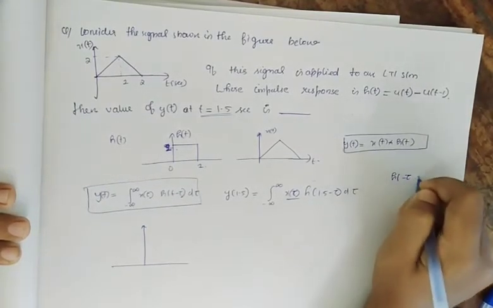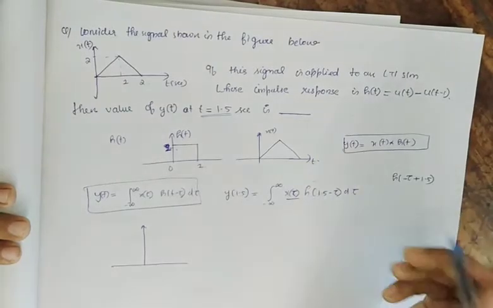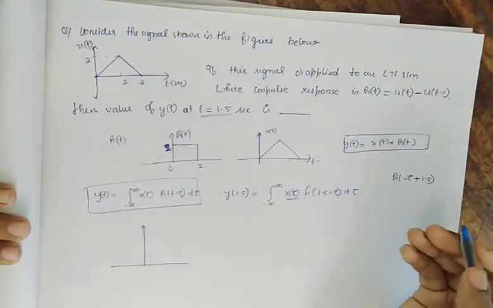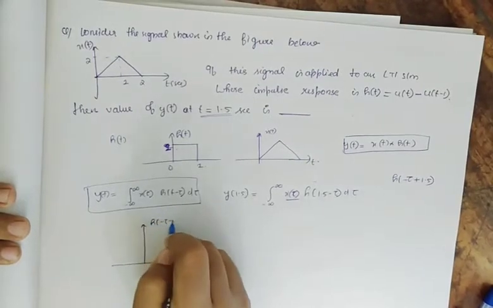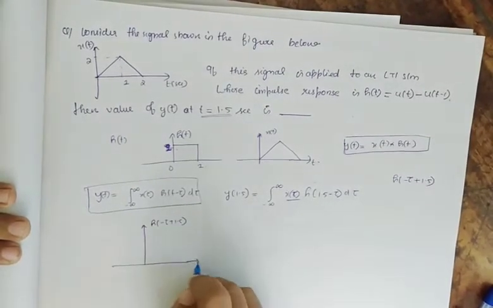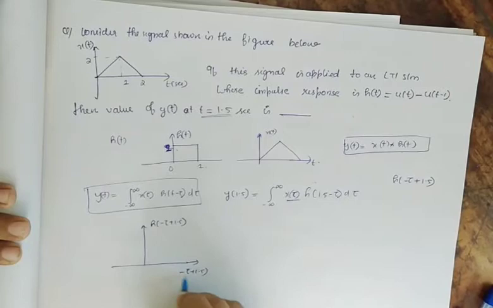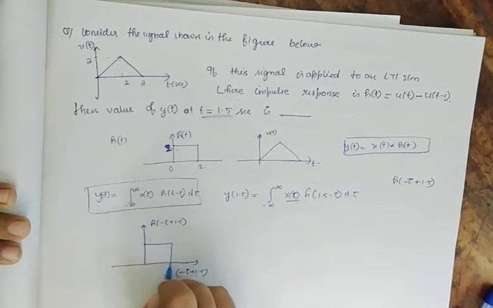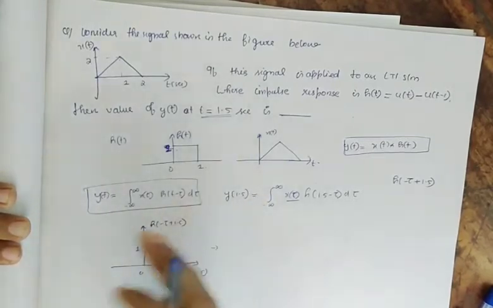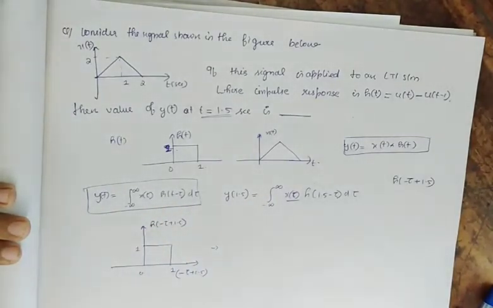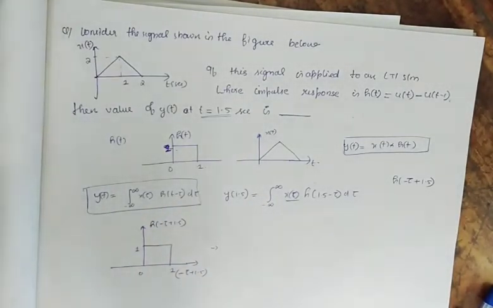I'll write it like this, minus tau plus 1.5. This is a shortcut method. So this is 0 to 1, and then I have to make it to h of tau only. Then only we'll get the answer of h of minus tau plus 1.5.